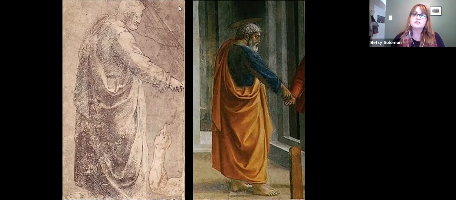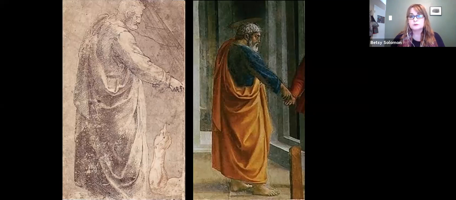So this that you're seeing on your right is from the Tribute Money. That's our image of St. Peter, and he's handing those coins to the tax collector. So this is just a detail from that Tribute Money painting that we saw not long ago. And then on the left, this is Michelangelo, his sketch of what he saw in his drawings of Masaccio's work.